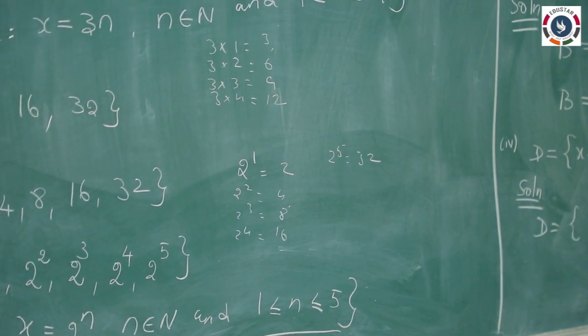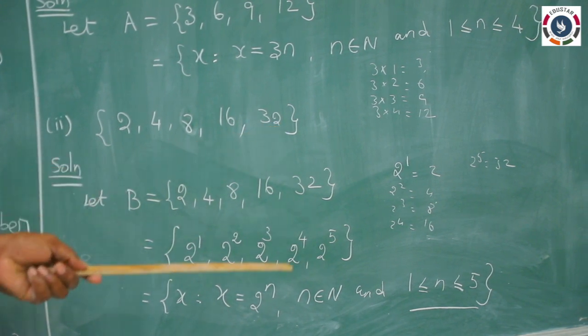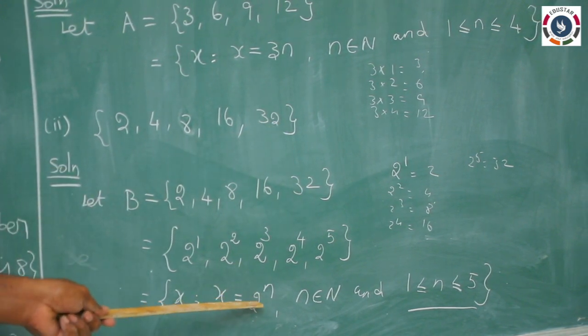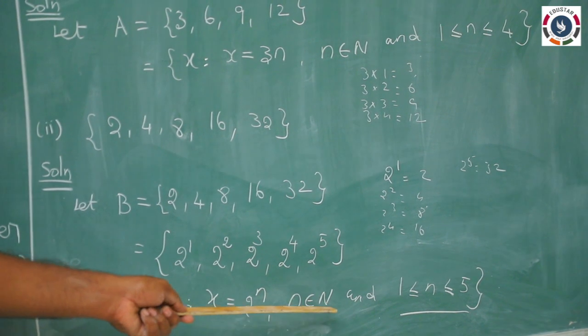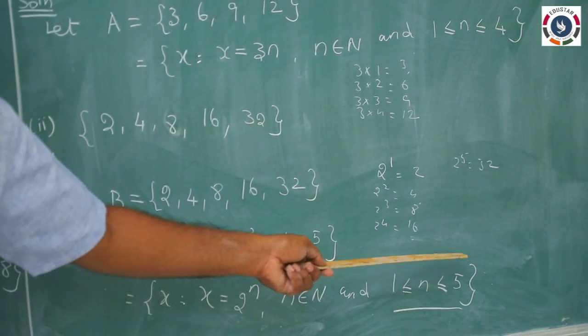So, {2, 4, 8, 16, 32} in set builder form is {x : x = 2 power n, n belongs to N and 1 less than or equal to n less than or equal to 5}.